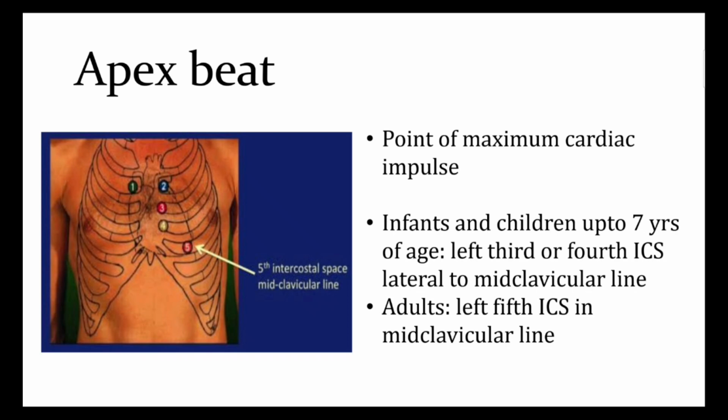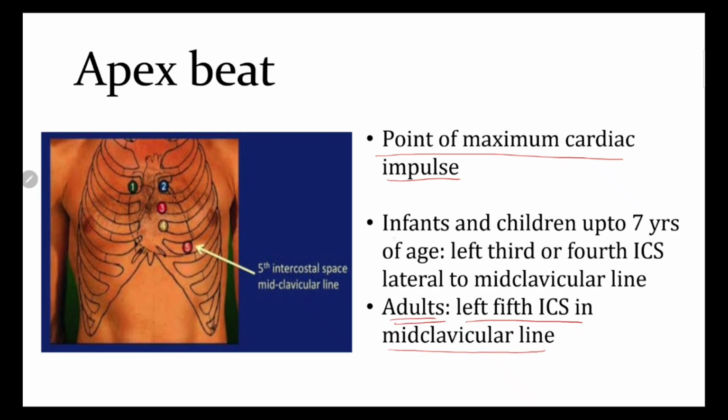Moving on to an important clinical correlation in the heart, that is the apex beat. Apex beat is the outermost and lowermost thrust of the cardiac contraction during ventricular systole, felt on the front of the chest, or it is the point of the maximum cardiac impulse. Normally, the apex beat is felt as a light tap in the left fifth intercostal space in the mid-clavicular line.